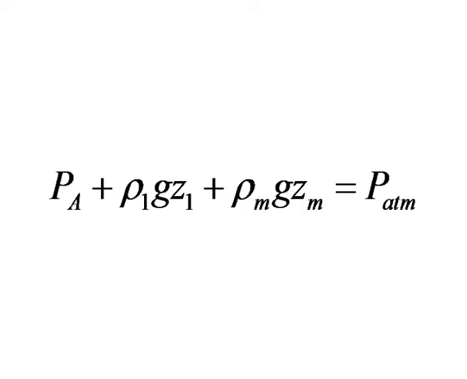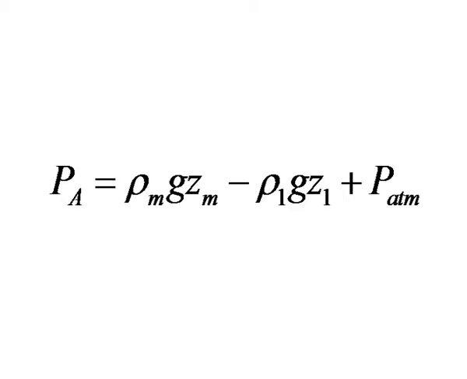Therefore, we may write an expression as follows: Pa plus rho 1 g Z1 plus rho m g Zm is equal to P atmosphere, and this equation is derived basically from the Bernoulli's equation.